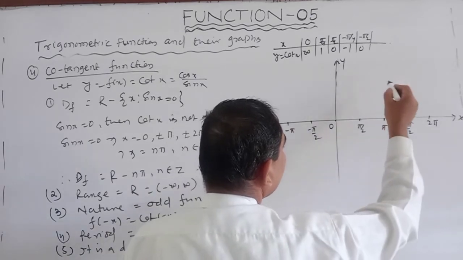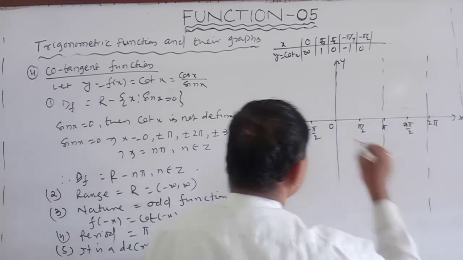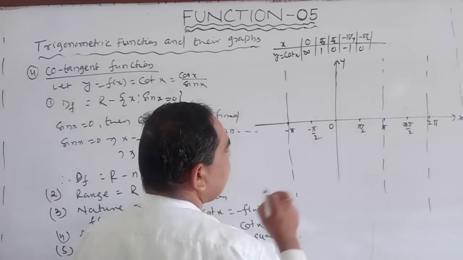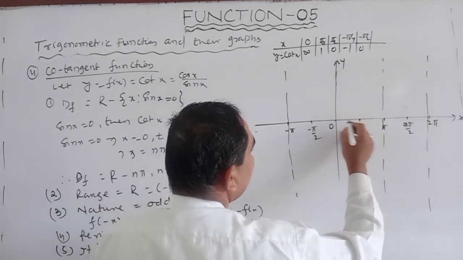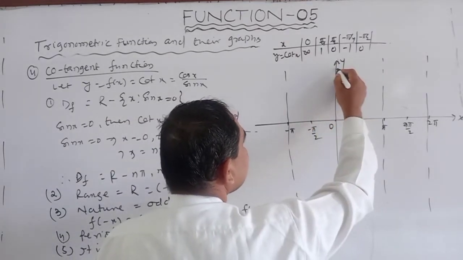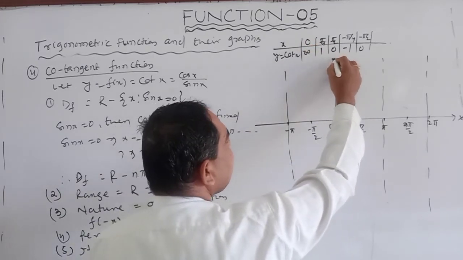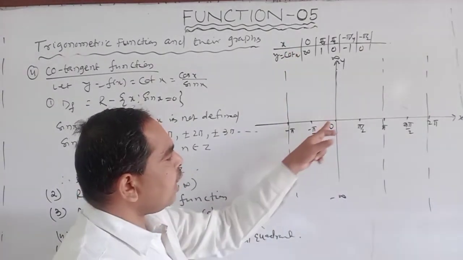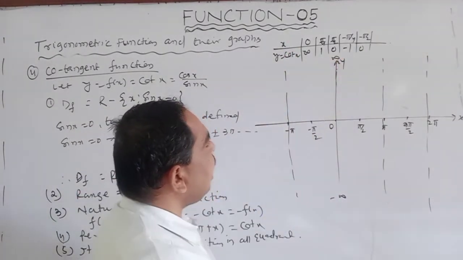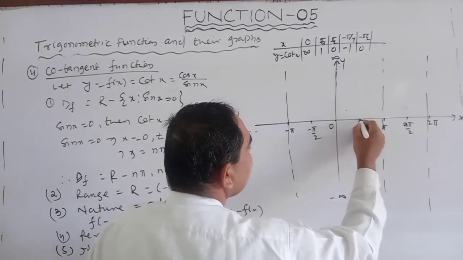So at every integer multiple of pi, cot is not defined, okay. Look, x is equal to 0, it is infinity, it is plus infinity, this is minus infinity, so minus infinity to plus infinity. When x is equal to 0 it is plus infinity, x is equal to pi by 4 it is 1, x is equal to pi by 2 it is 0.